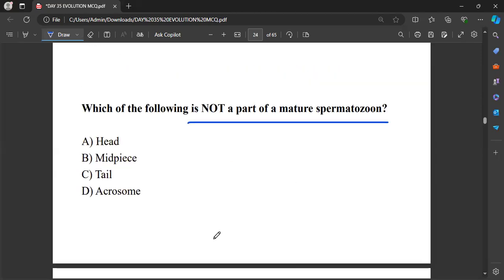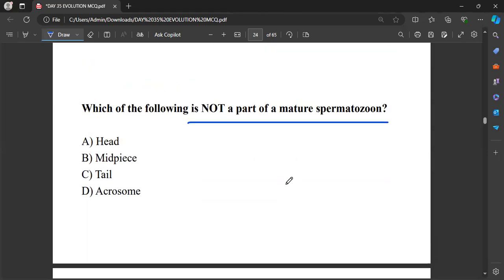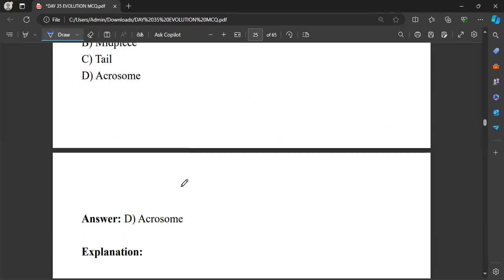See, the question is wrong. Don't worry about the question. Here they are saying that the acrosome is a structure on the head of the spermatozoa that contains enzymes for penetrating the egg, but they are considering this not a part of a mature spermatozoa, though actually it is a part. Okay.